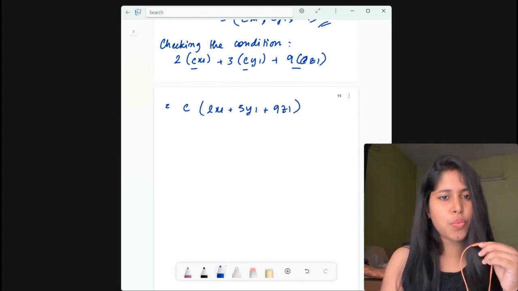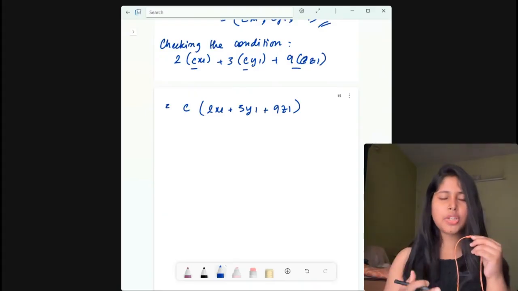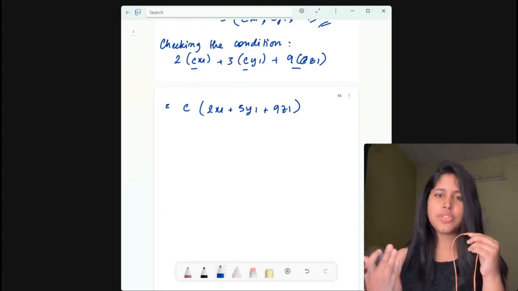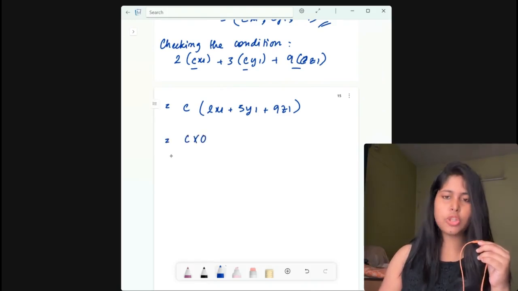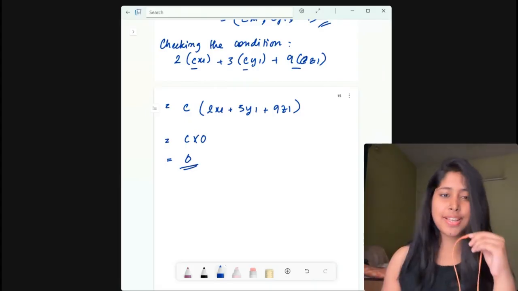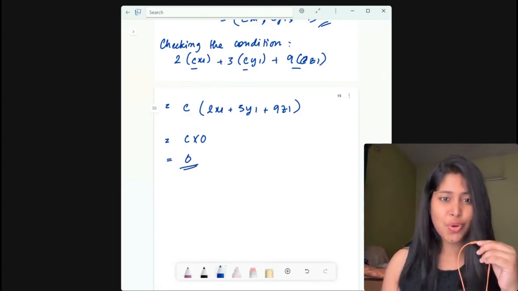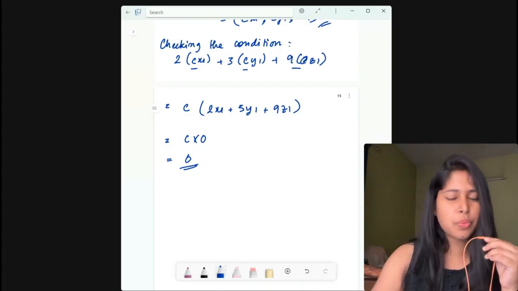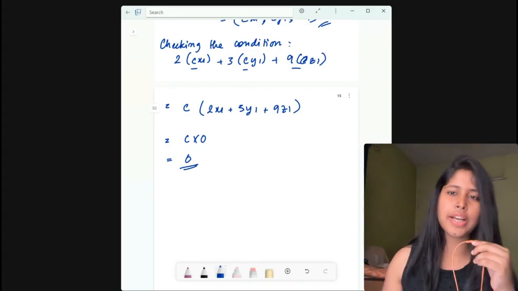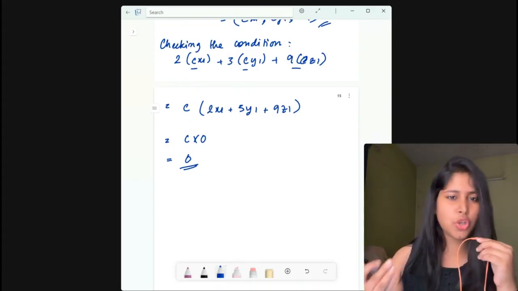Now from condition 1, which we have already defined, 2x1 plus 3y1 plus 9z1 is equal to 0, so we can say that c into 0 is equal to 0. Then this property is also holding, and this works perfectly. All three conditions are satisfied, so S is a subspace of R3.